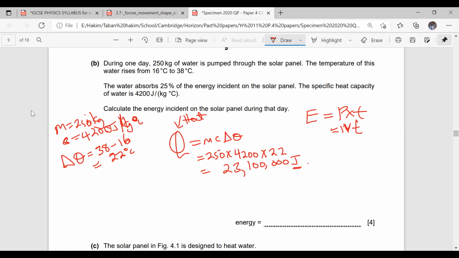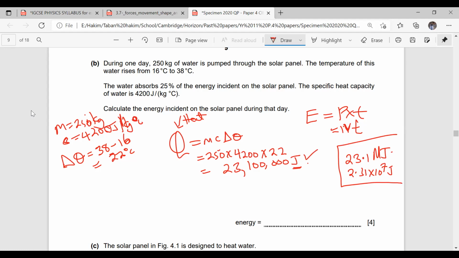So you can either say 23.1 megajoules, or you can say 2.31 times 10 to the power of 7 joules. Okay, but just leave it like this.